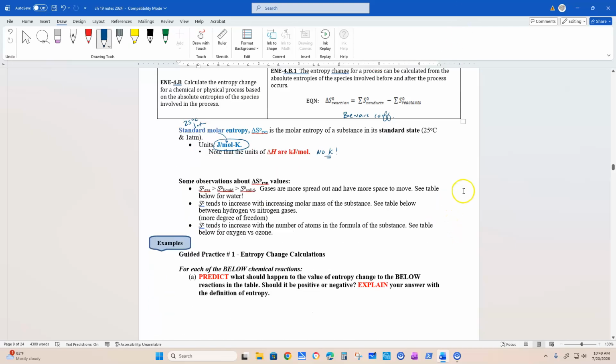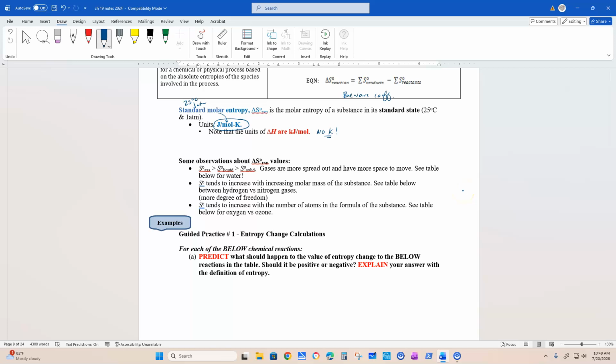Some observations that you already know. Entropies for gases are the greatest compared to liquids and solids. Gases are more spread out. They have more space to move. So see the table below for water. We'll scroll down in just a second. Delta S values tend to increase with molar mass. And the reason why is because they have maybe more bonds, more electrons. Remember, electrons have mass, very little, but they do have mass. And they have more degrees of freedom.